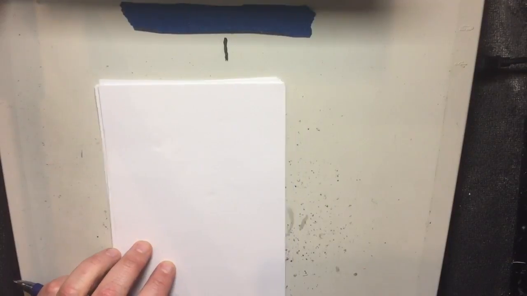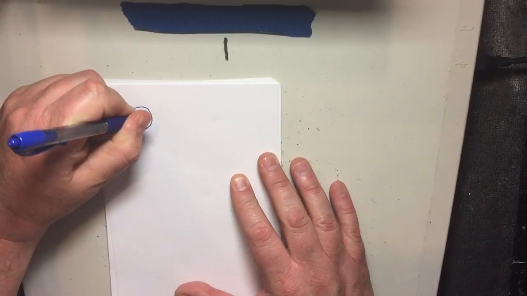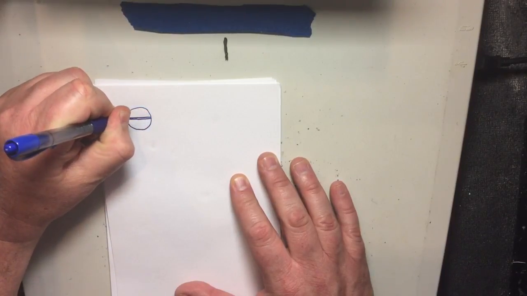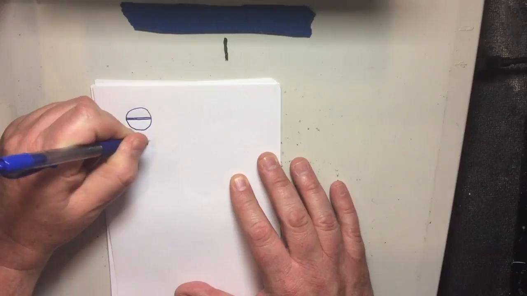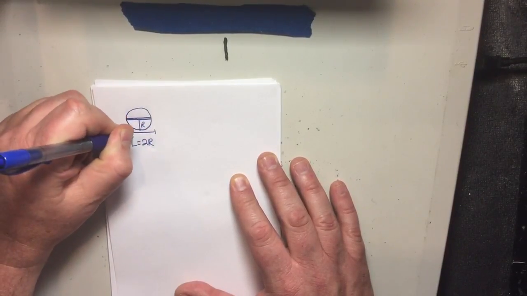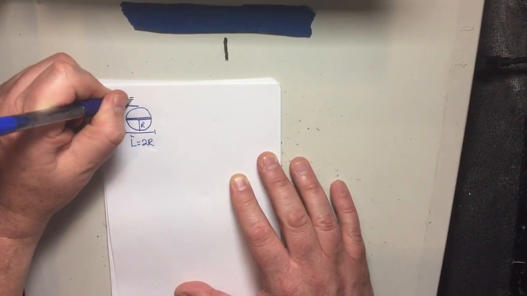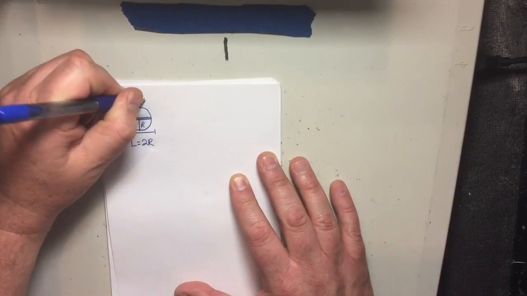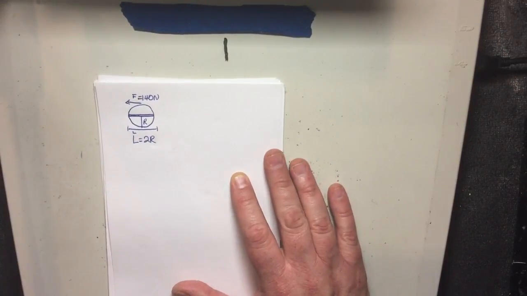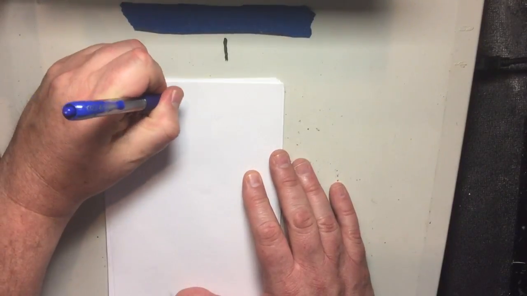So now, what we have here is we have a disc with a stick welded across it. The length of the stick is 2 times the radius. There's a force at the edge, so really what's going to happen is that stick and the stuff is going to spin up.